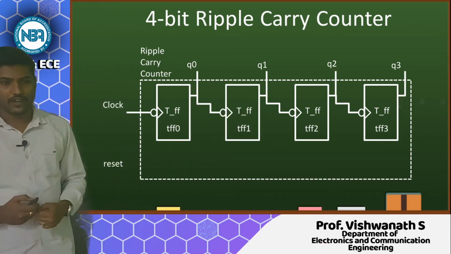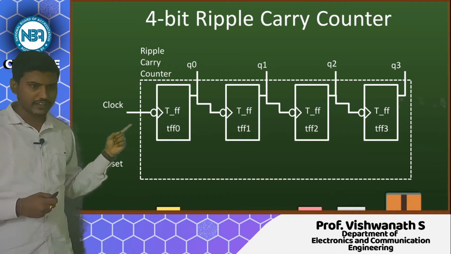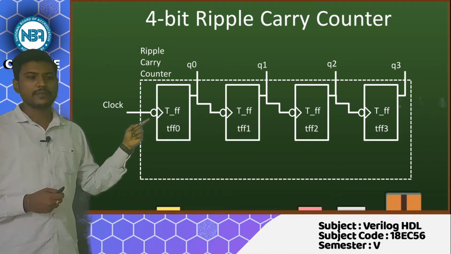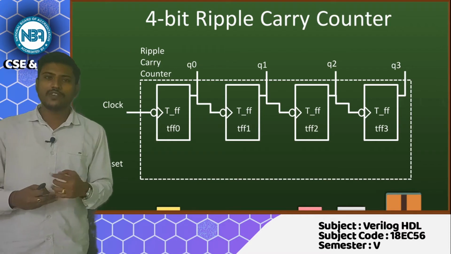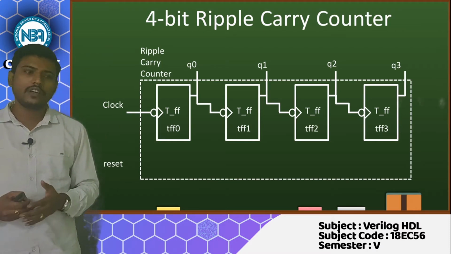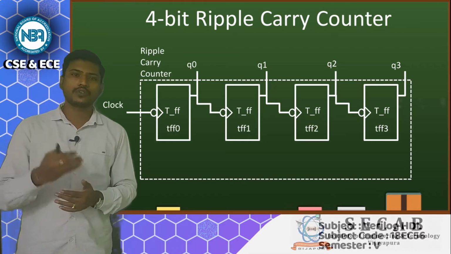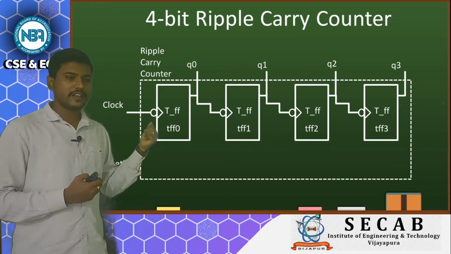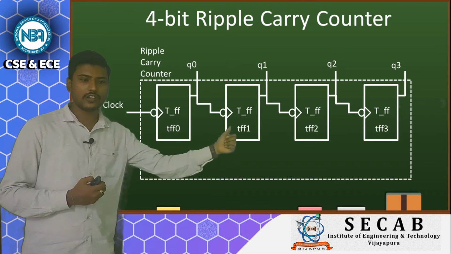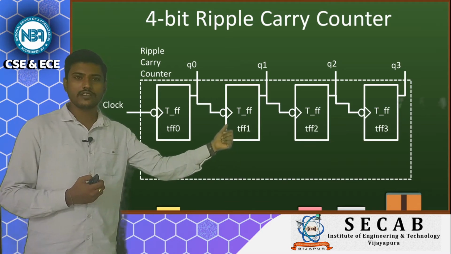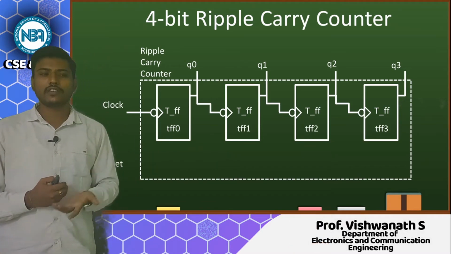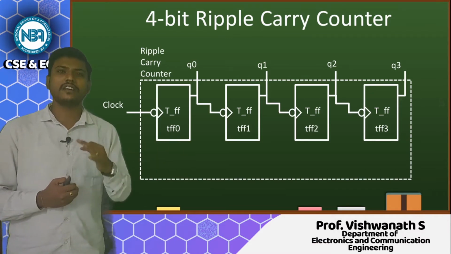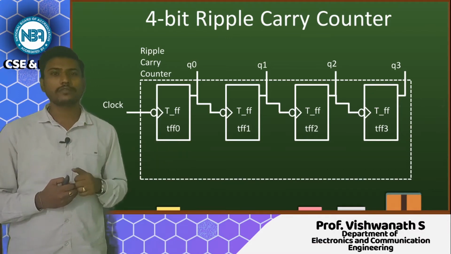Now, you can observe that here we have given a bubble. This means the flip flops will be triggered only at the positive edge or negative edge, right. Since there is a bubble for all the flip flops, this particular counter is a negative edge triggered counter.